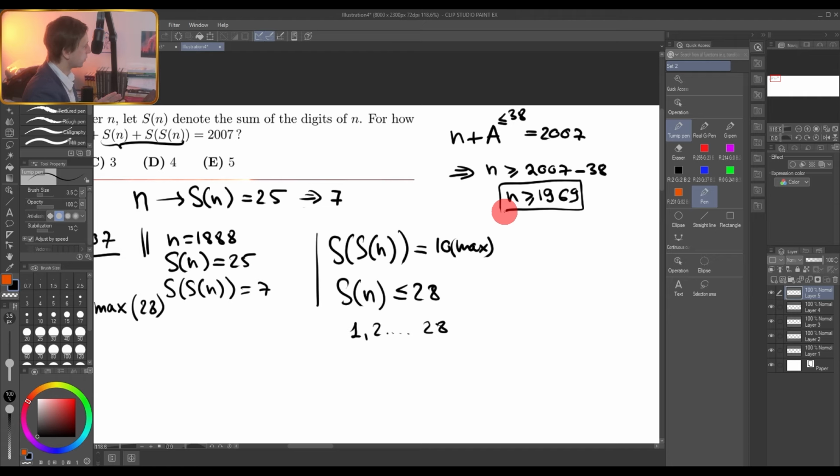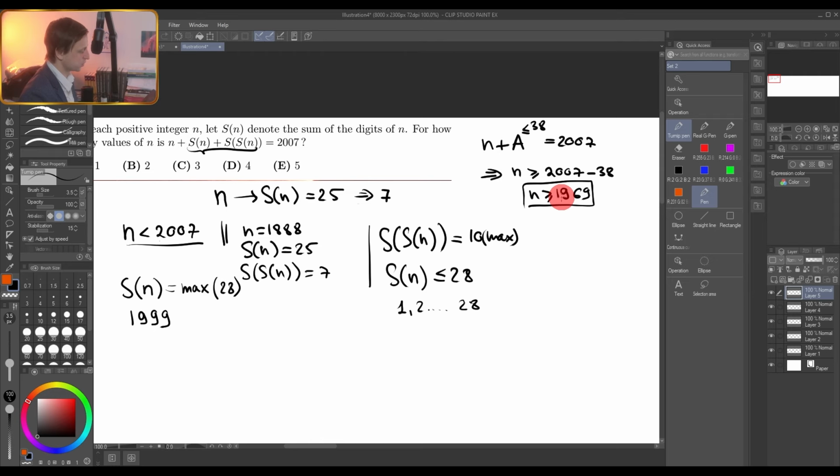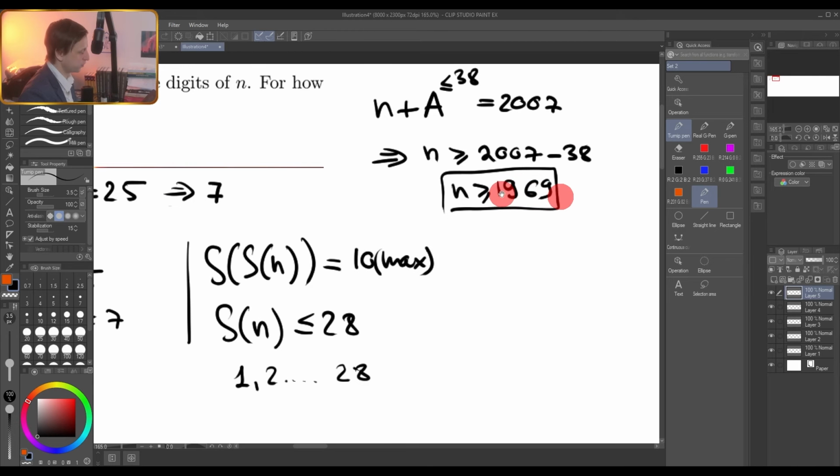And so as you can see here, we have a very limited amount of options. n can be this number, or a little bit larger, or a little bit larger, and we can go up to 2007. Can we limit our options? If we do everything manually, we have to work with this number, for example, and look at s of n. What is the sum of its digits?